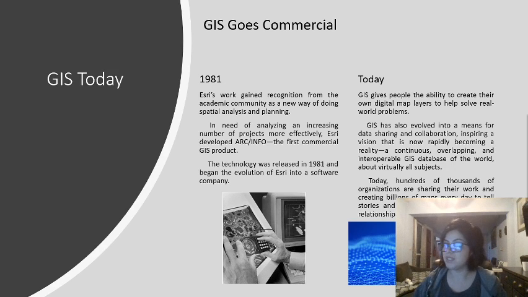Right now, in the present era, GIS gives people the ability to create their own digital map layers and to help solve real-world problems. Today, hundreds of thousands of organizations are sharing their work and creating billions of maps every day to tell stories and reveal patterns, trends, and relationships about pretty much everything. The GIS has evolved into means for data sharing and collaboration, inspiring vision that is now rapidly becoming a reality.